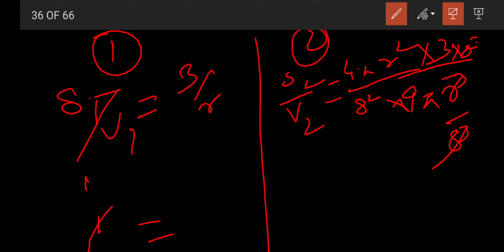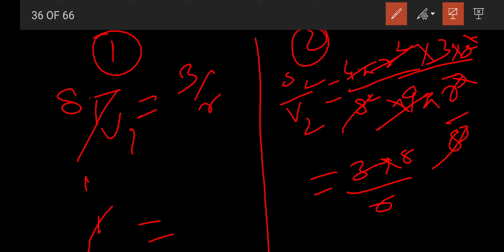Again 4 pi cancel, r square and r cube, so r remains, and 8 square and 8 cube, so 8 remains. So 3 into 8 by r. Okay, so this is for system 2. The ratio is 3 into 8 by r, or 24 by r.